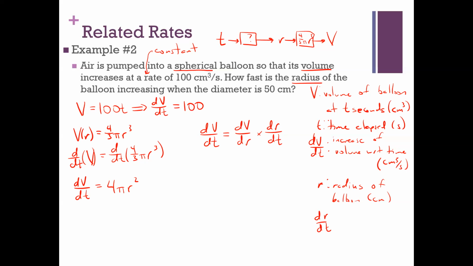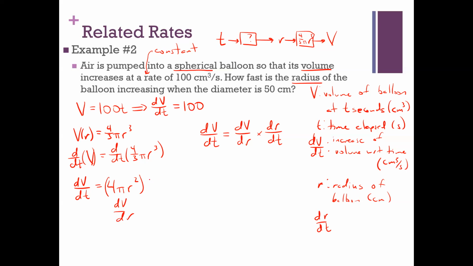And I don't think I've represented the chain rule like this before, but this is another way to think about the chain rule. I'm taking the derivative of the outermost function with respect to whatever that intermediate variable is. And then I'm taking the derivative of that inner function with respect to the independent variable, in this case, time. So this 4 pi r squared, that is dV/dr.